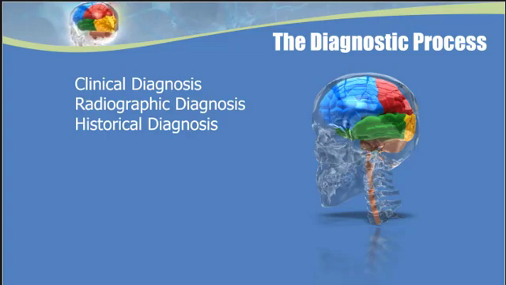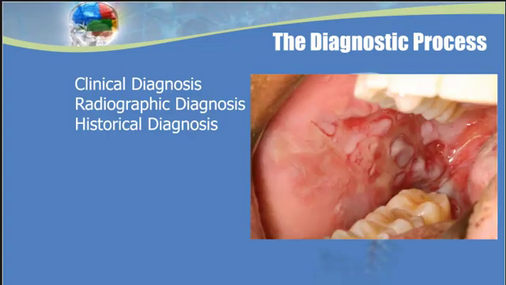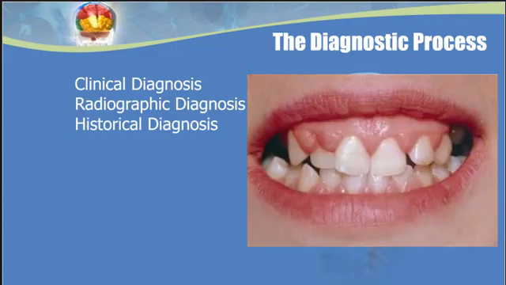An example might be a patient with a history of ulcerative colitis or Crohn's disease may present with chronic multiple ulcers in the mouth. Or a patient with gingival enlargement may be misdiagnosed with gingivitis when in fact they're taking a calcium channel blocker or a phenytoin, which is known to cause gingival enlargement.